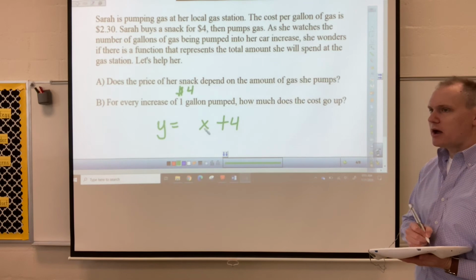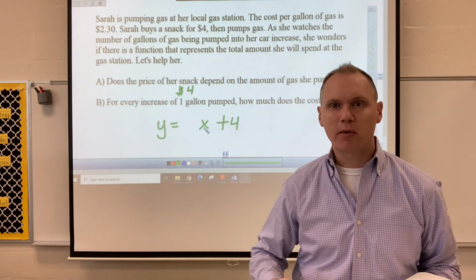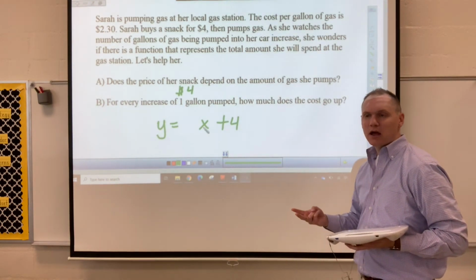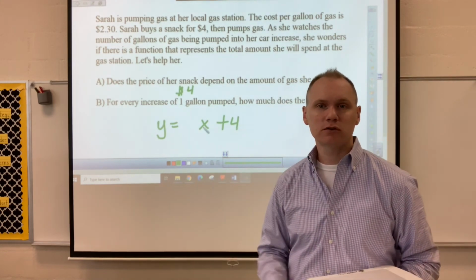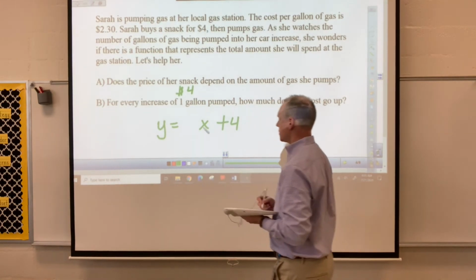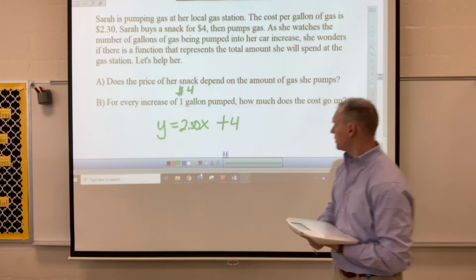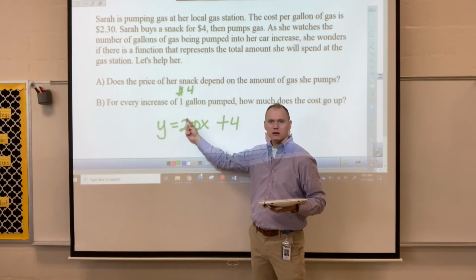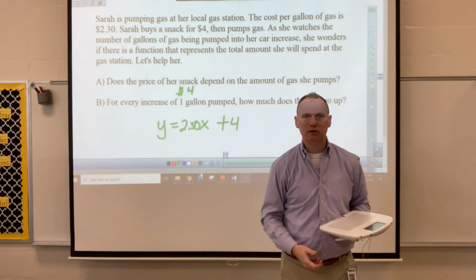If I pump 1 gallon, that's $2.30. If I pump 2 gallons, it's $4.60, right? So I'm just multiplying the number of gallons, x, times $2.30, which will give me the price for gas. So this is the price for gas right here, plus the price for the snack equals the total cost.